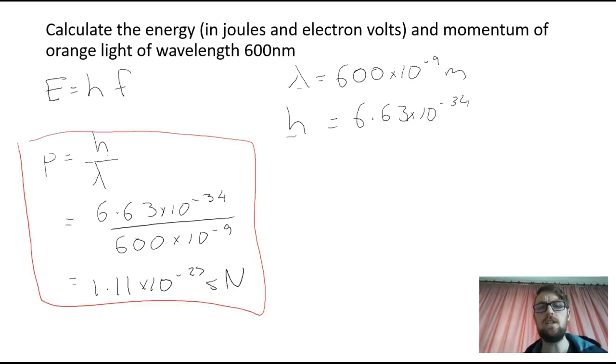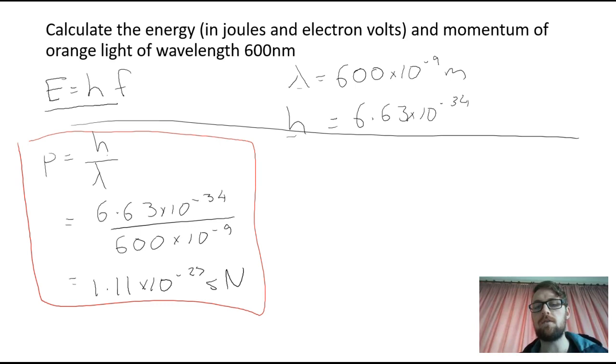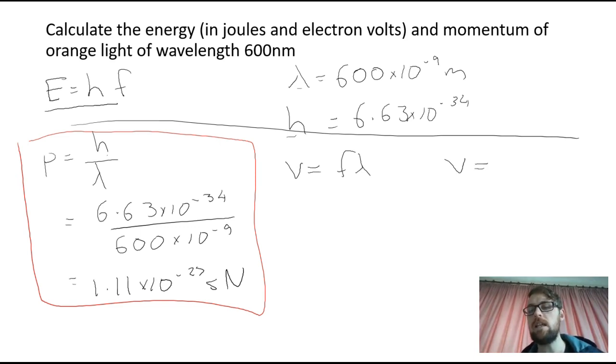So next we have to work out energy. We have E equals hf. But the problem we've got is we don't know what the frequency equals. But we do have the wave equation, v equals f lambda. Remember that one. We first need to establish that v, in this case, is the velocity, and it equals the speed of light because we're talking about orange light. So v equals c.